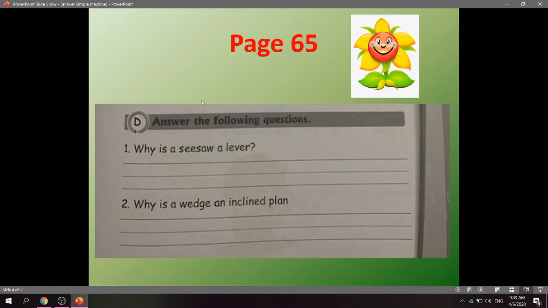Why is it a lever? Because one side goes up and the other one goes down. So, whenever you see something goes up and the other goes down, it's a kind of lever.